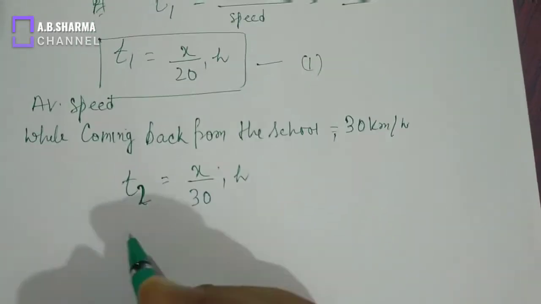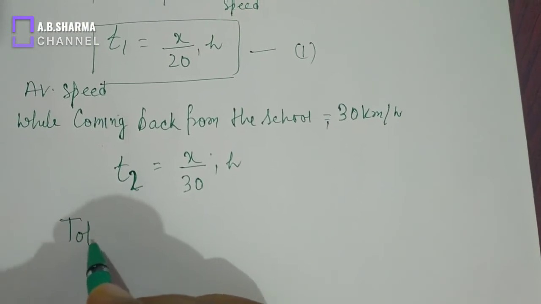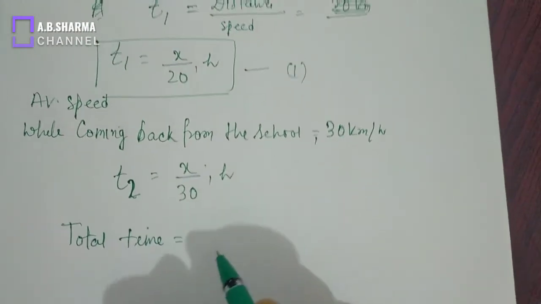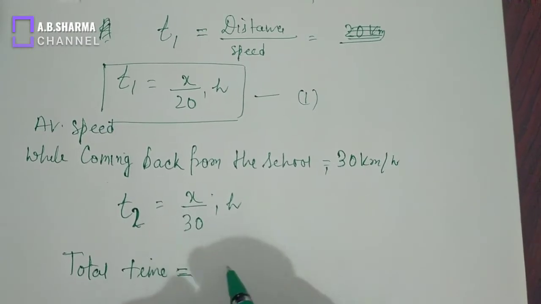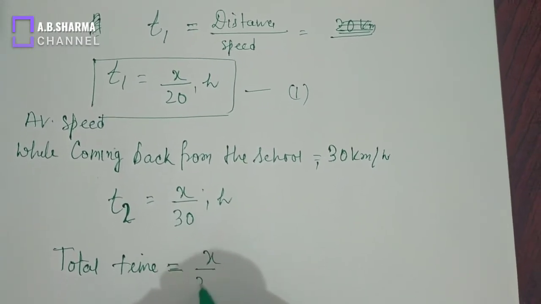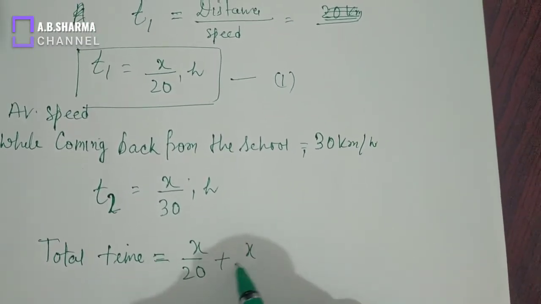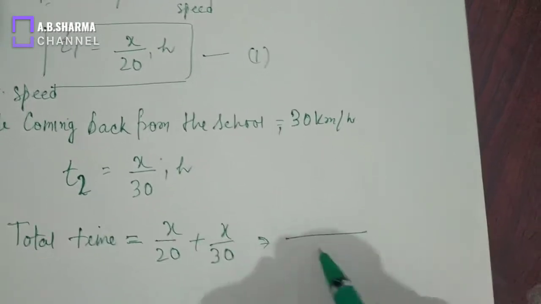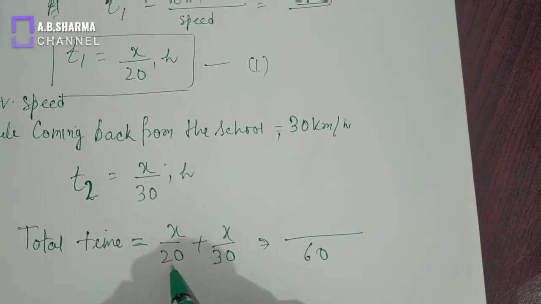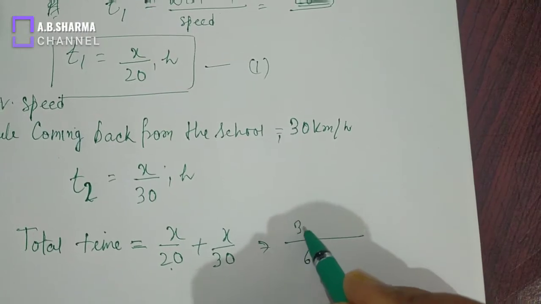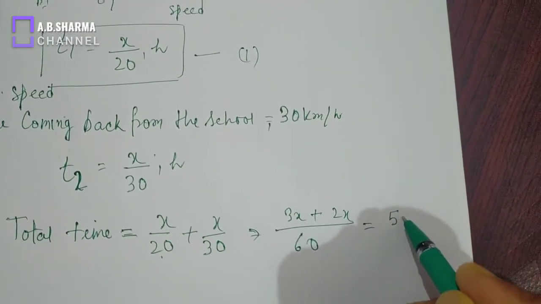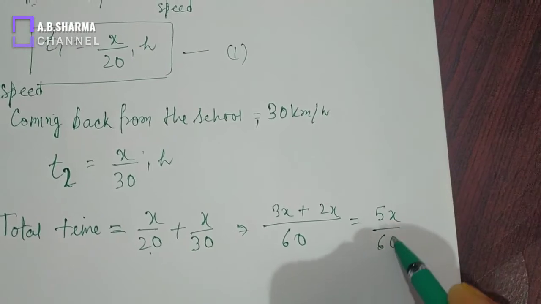Now the total time taken for this journey is x upon 20 plus x upon 30, and the LCM is 60. So this will be 3x, this will be 2x, meaning total time 5x upon 60 hour.